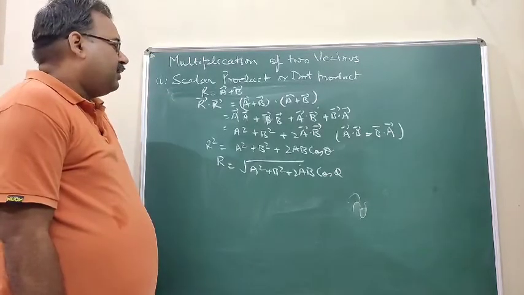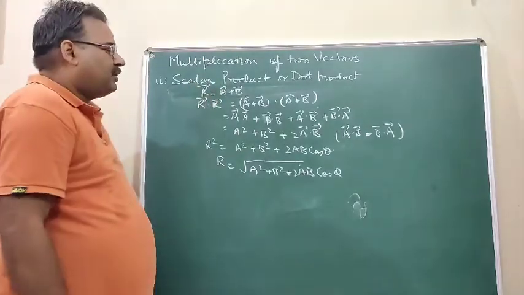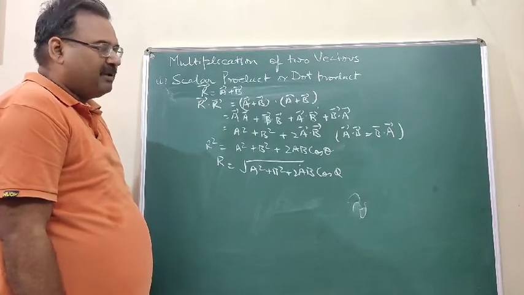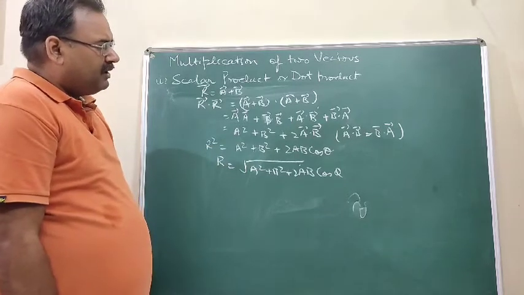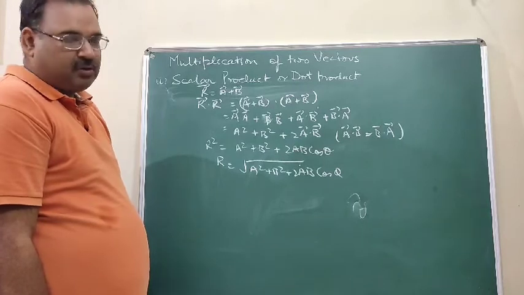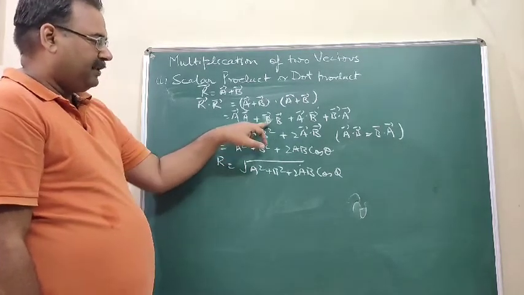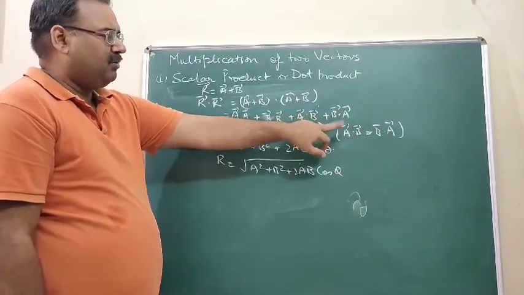Let us take R vector equal to A plus B, and we will do the self product of R vector. So R dot R is equal to (A plus B) dot (A plus B). Then we use distributive property and multiply each one with the other one. A dot A plus B dot B plus A dot B plus B dot A. A dot A is A square, B dot B is B square. Now A dot B and B dot A, they are equal.